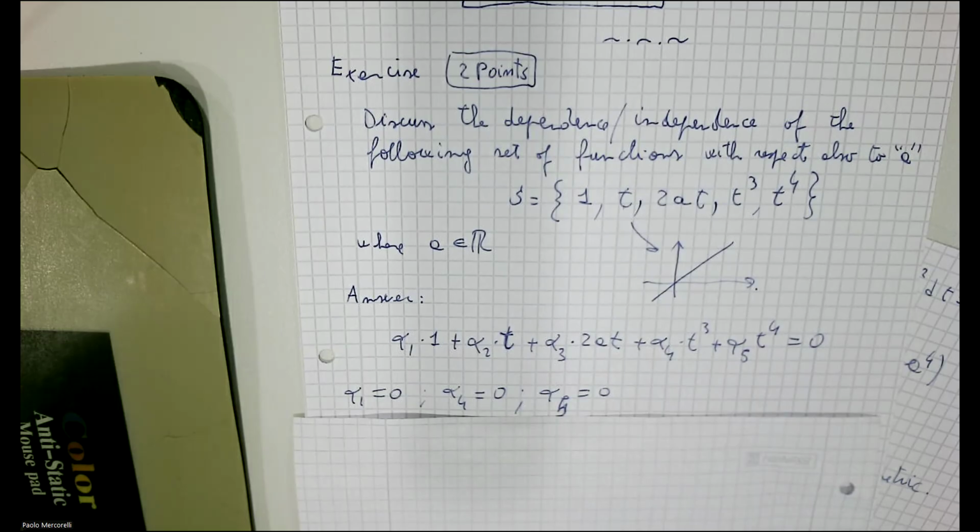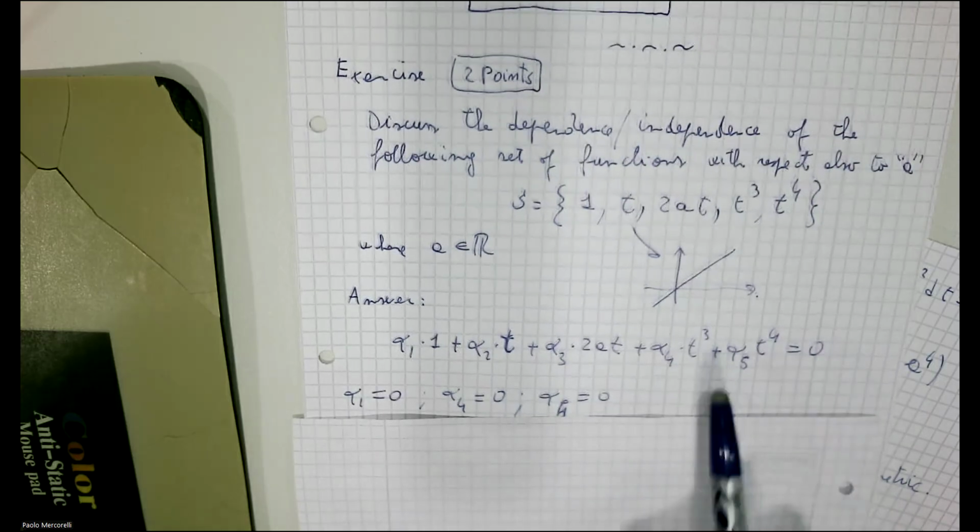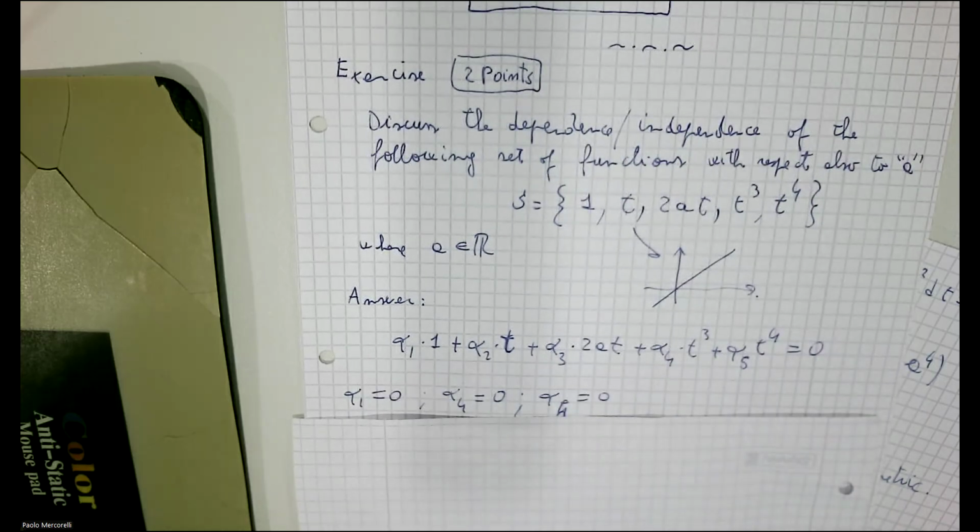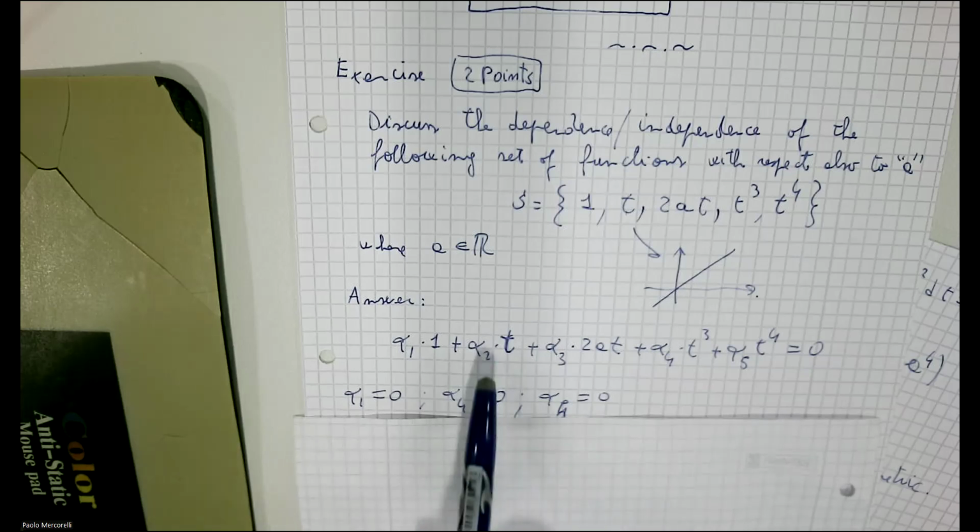I mean, here we don't have, or in any case here, but also here, any possible combination with other elements related to t up to 3, t up to 4, and the constant, to generate 0.